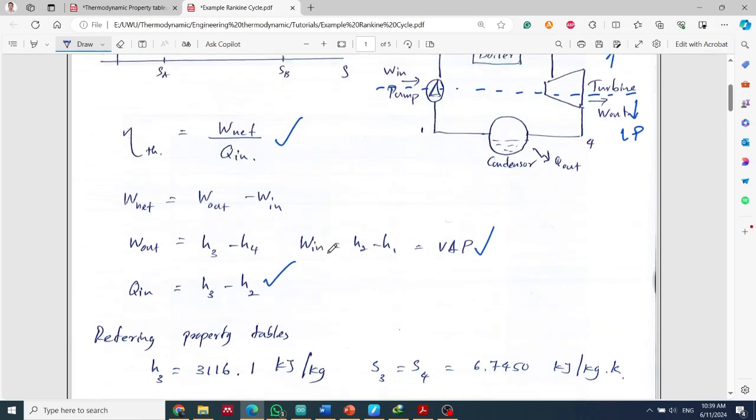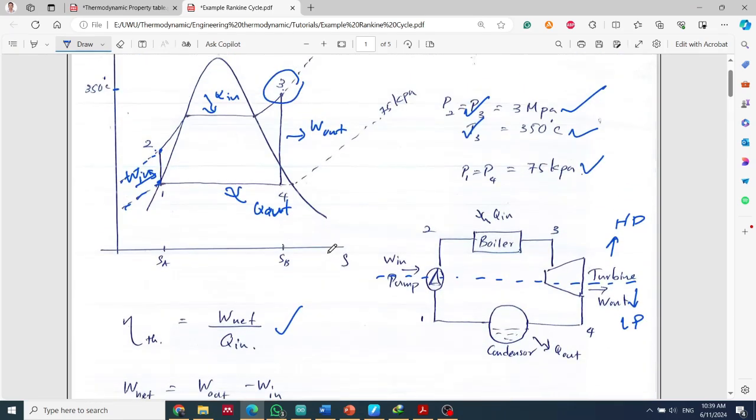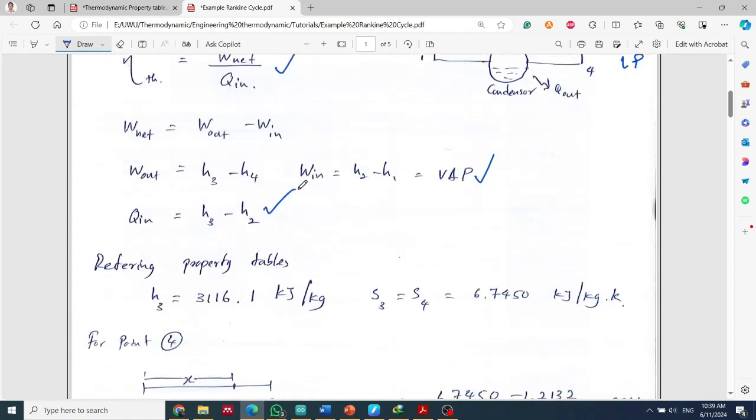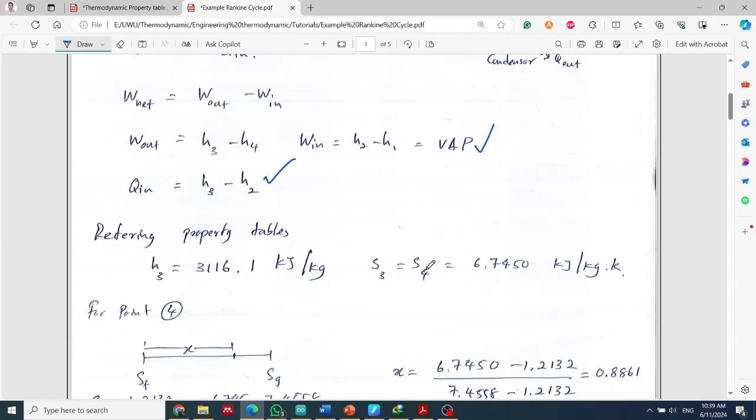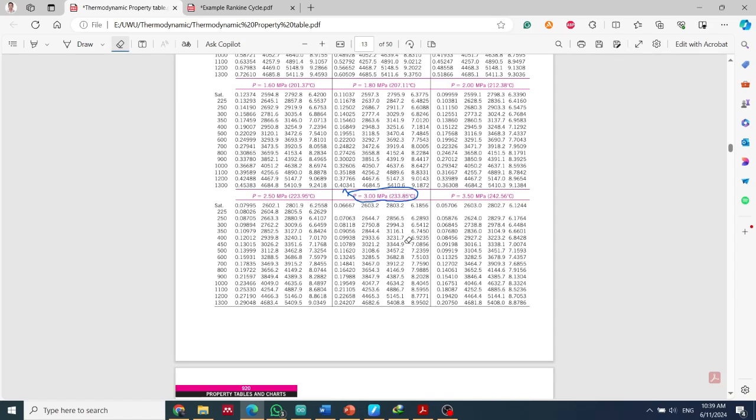At the same time we can extract the S value. Since the turbine is an isentropic expansion process, the entropy at point 3 should be equal to the entropy at point 4. Therefore we can write S3 equal to S4, and we can find the S3 value from the table itself.